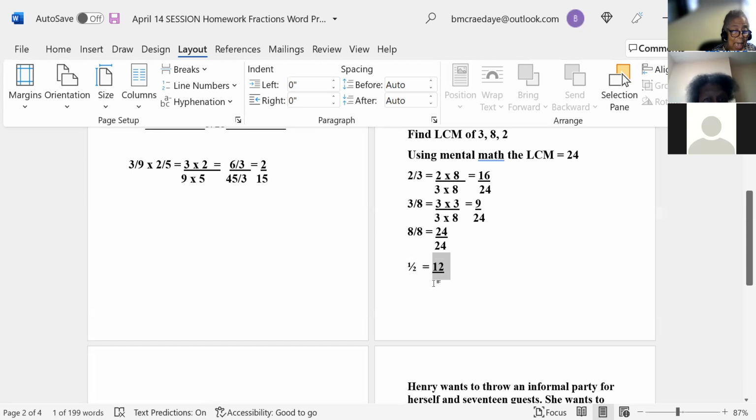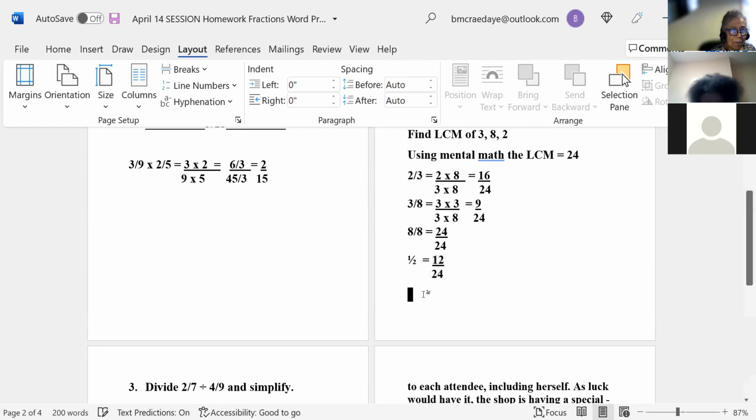Now, I want you to add up those and tell me what you get. You have 4 of them, so add them up. They'll all be over 24. Are you getting 96, Maureen? No, you're adding the numerators.